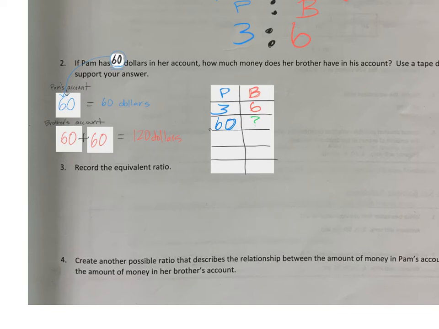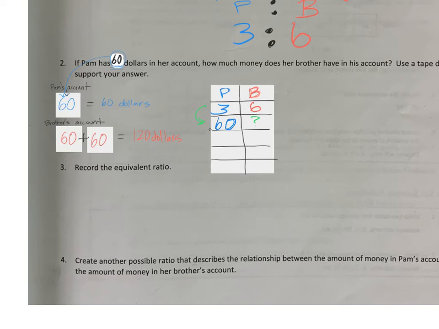So what do we got? If we have 3 turning into 60, we're asking ourselves, what did we do to get from 3 to 60? It's either going to be division or multiplication. It will not be addition or subtraction. You will not use addition or subtraction for the equivalent ratio tables.